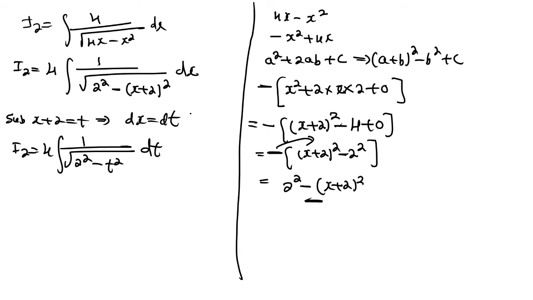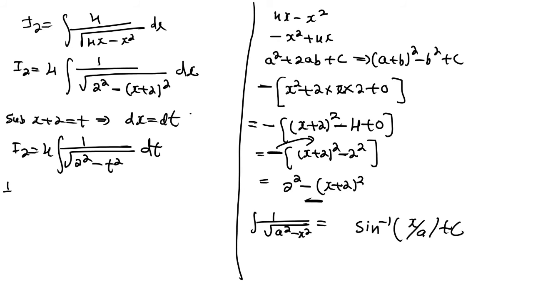Again, the formula: integration of 1 by square root of a square minus x square is sine inverse of x by a plus c.